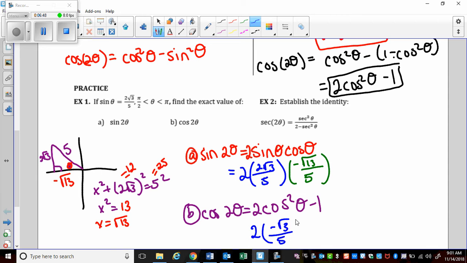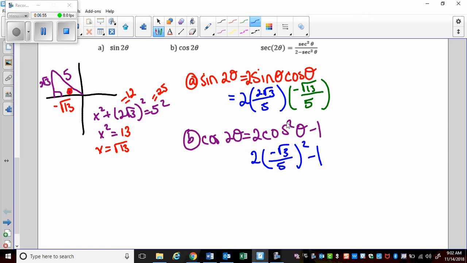This whole thing is squared, and then still minus 1. When I simplify this, I have to do the exponents first. So square root of 13, not 3. The square root of 13 squared is just 13. Over 5 squared is 25. And I still have the times 2 and then minus 1.